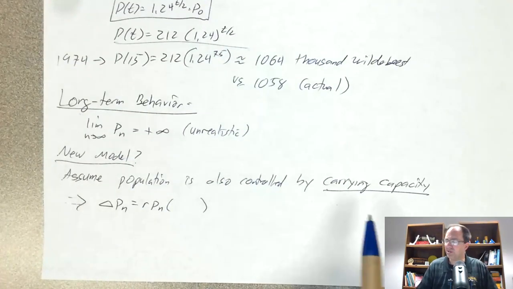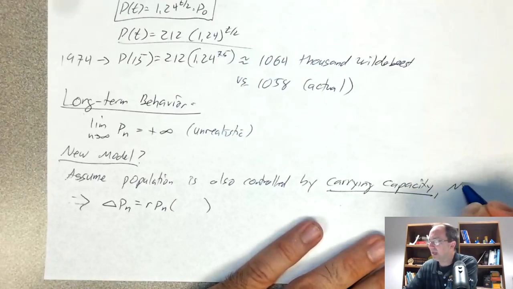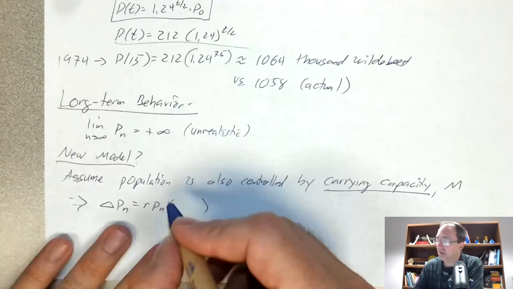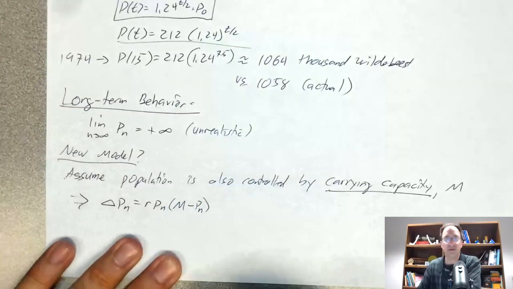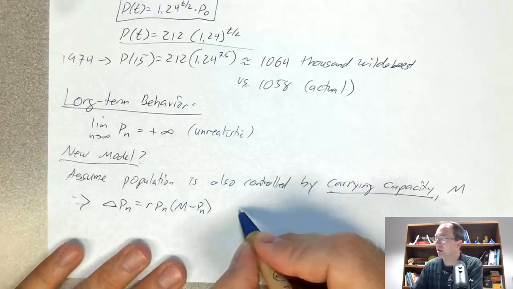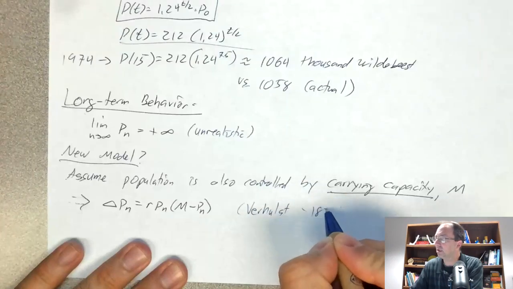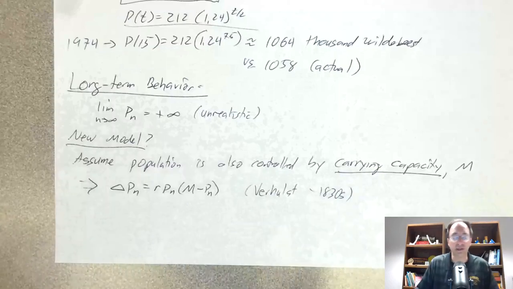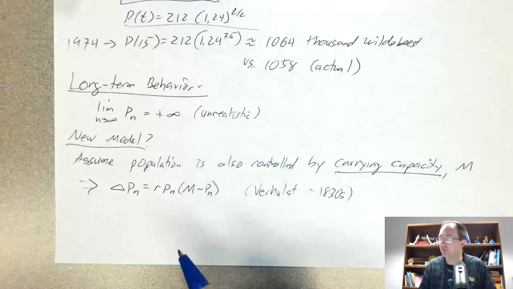And so you might think about what term would incorporate a carrying capacity, which let me go ahead and give the name M. And it turns out that one possibility is to do the difference of M minus P sub n. And this goes back to Verhulst in the 1830s. So it's not a new idea, but it works pretty good in some situations. And one of your exercises will be to see how it works for the wildebeest.